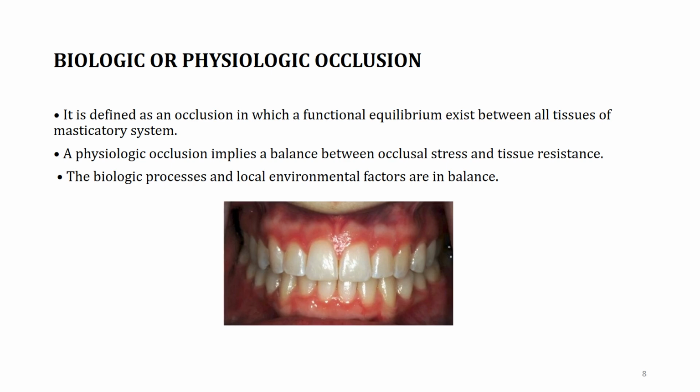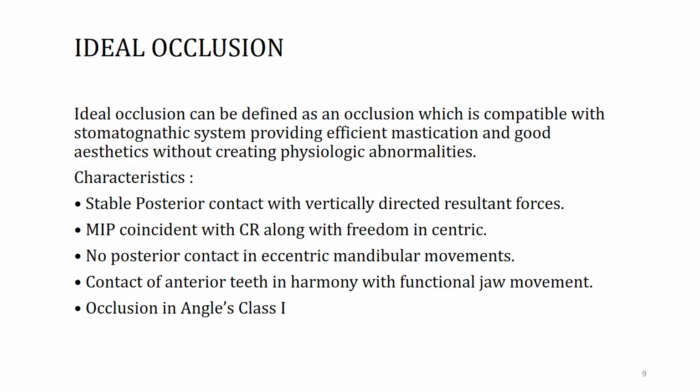There has to be a state of equilibrium, and the factors are in balance. All the stresses, all the resistance, and all the environmental factors are in balance in this occlusion. You can see it in the photo below.